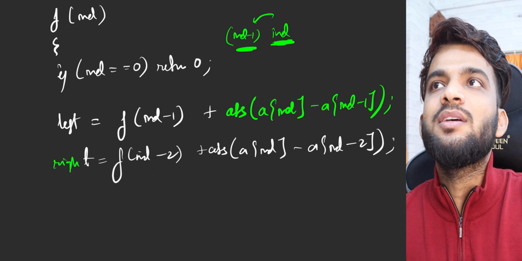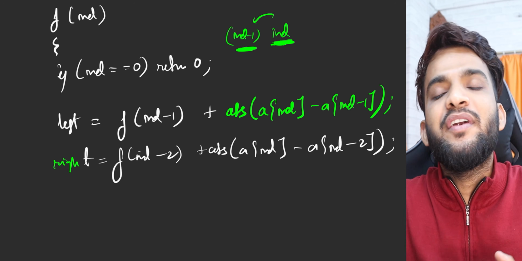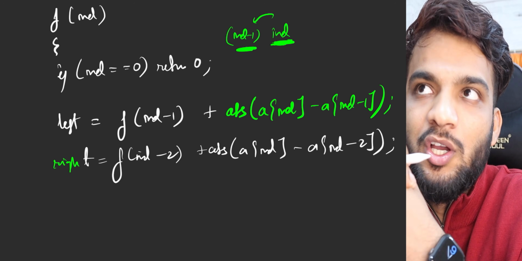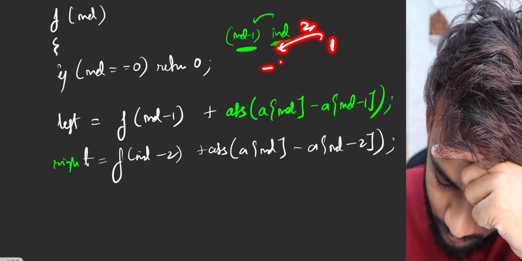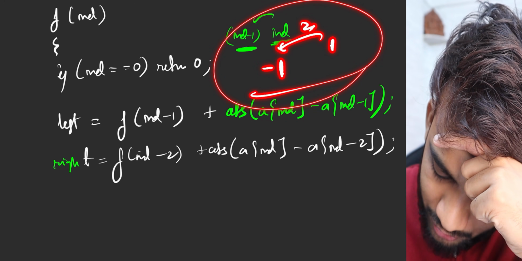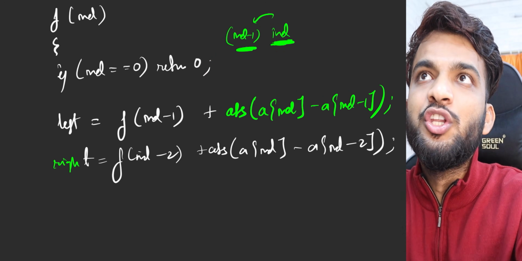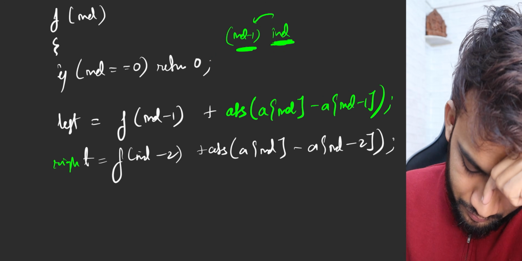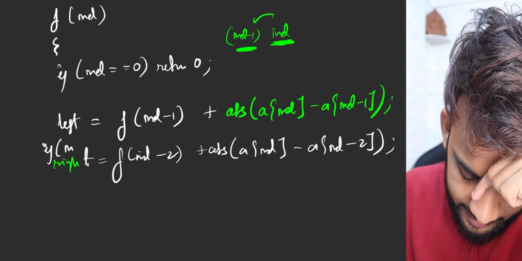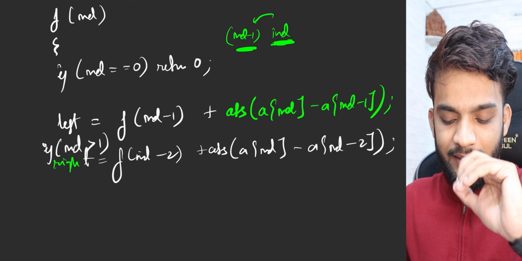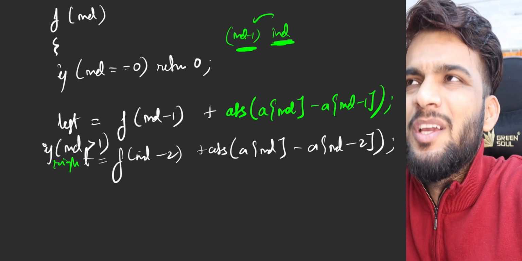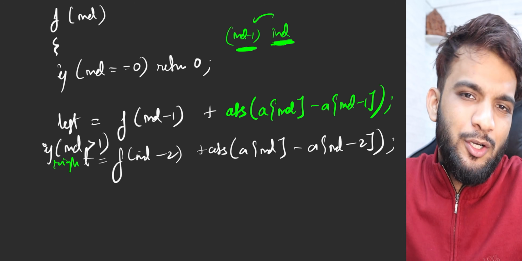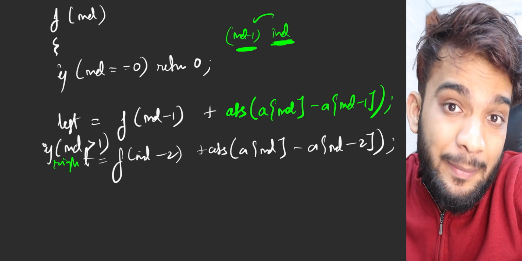The answer to that is yes, you can do it if it is not the first index, because if you are standing at the first index, you cannot jump 2, because that will take you to minus 1. You cannot jump 2. So you need to write a case like this. If index is greater than 1, then only I can take the right jump. Otherwise I cannot. That makes sense, because if you are at the first index, you will not be able to take the right jump. So that is absolutely making sense.